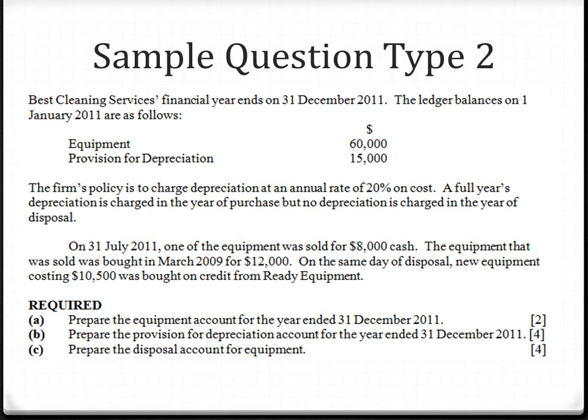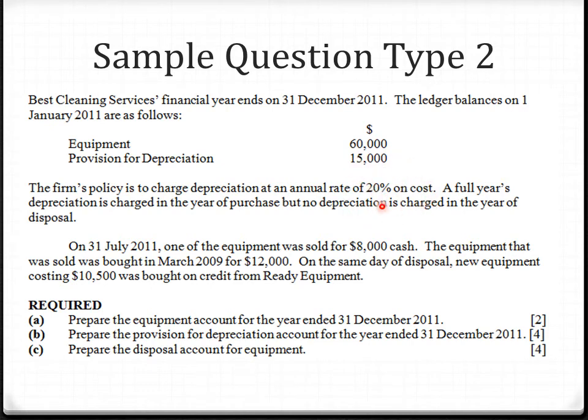We want to prepare the provision for depreciation account next. First, before I bring on the very important tool, the table, I just want to show you the question again. We must remember that we started off with a balance. This is a credit balance because it's a contra asset account. So a credit balance of 15K. Remember your depreciation policy is 20% on cost.